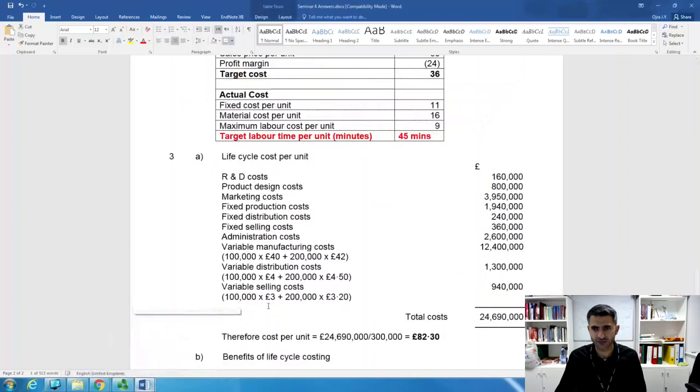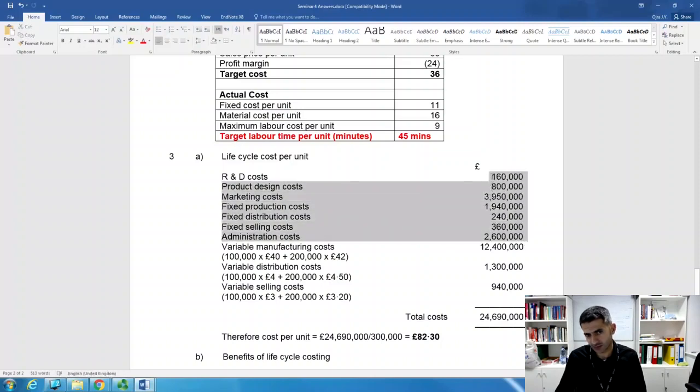So if you look here, you can see the total for research and development, product design cost, marketing cost, fixed production cost, fixed distribution, fixed selling, and admin cost. As you see at the beginning, we listed only the fixed elements, all the fixed cost elements.